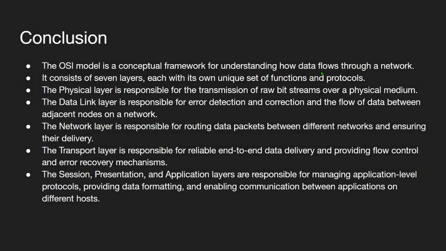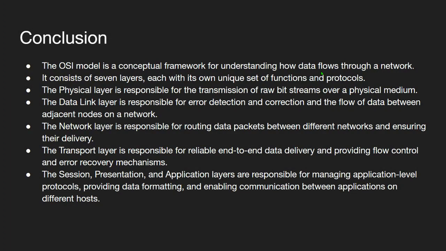To conclude this video, we will summarize what we have discussed. The OSI model is a conceptual framework for understanding how data flows through a network. It consists of seven layers, each with its own specific set of functions and protocols, where the physical layer is responsible for transmission of raw bit streams of data, the next layer, the data link layer, is responsible for error detection and correction, and the network layer is responsible for routing data packets between different networks.